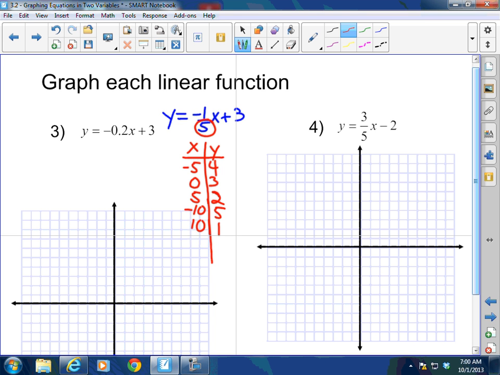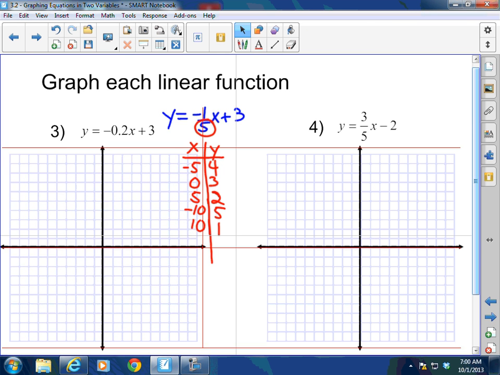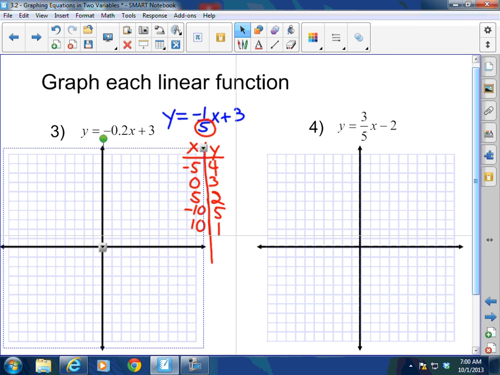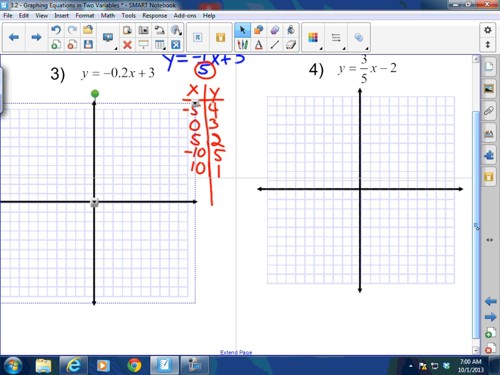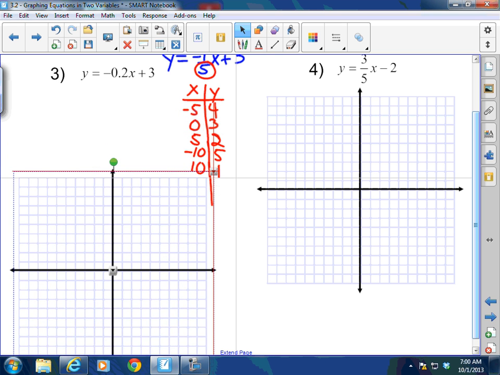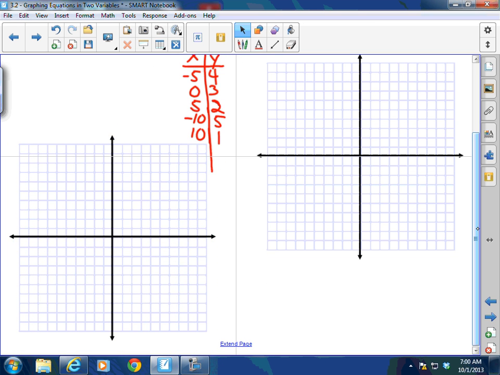All right, let's see how this works. Let's graph these points. My graph is not going to fit here, so let me drop it down here, guys. All right, so I've got negative 5, 4.